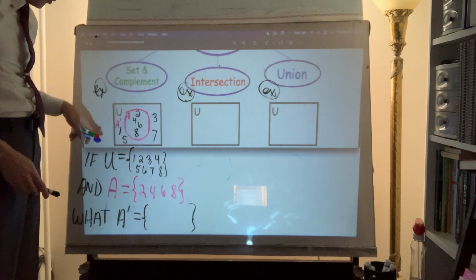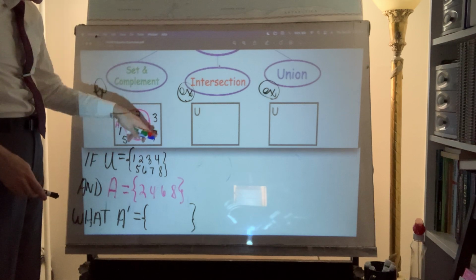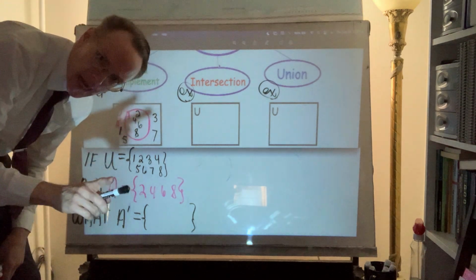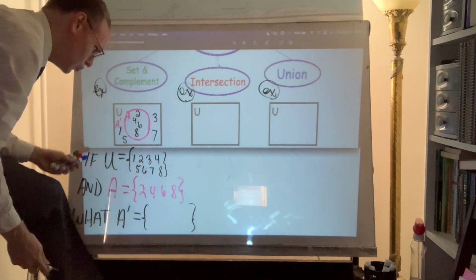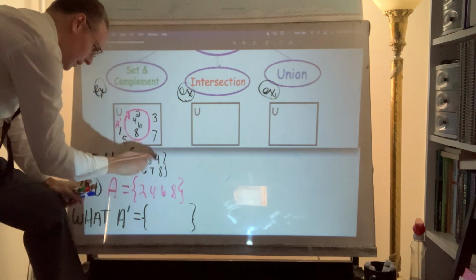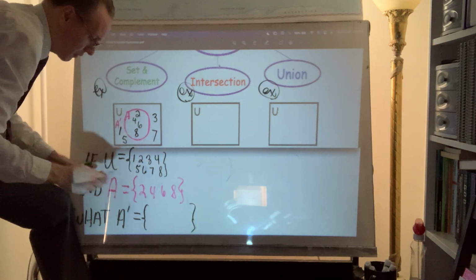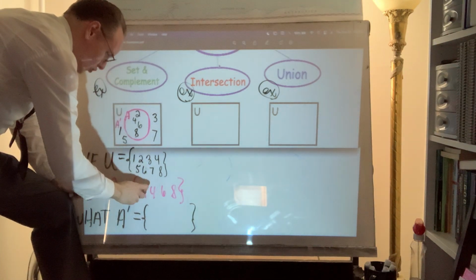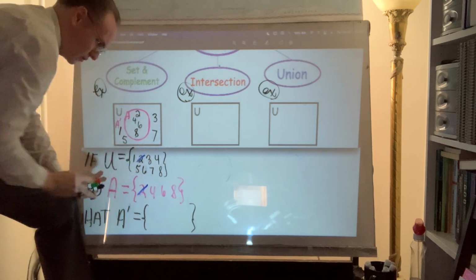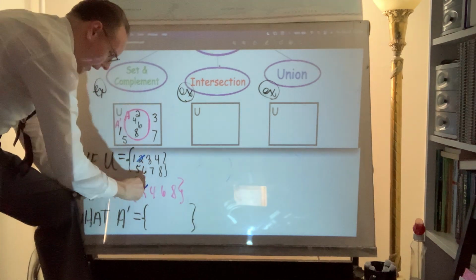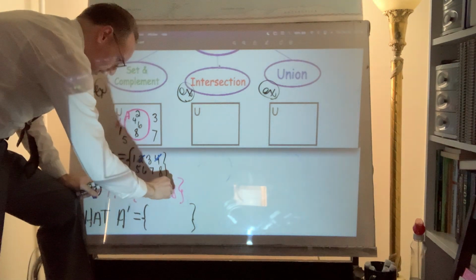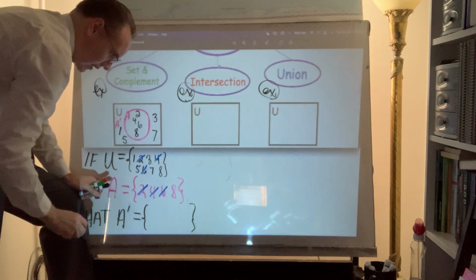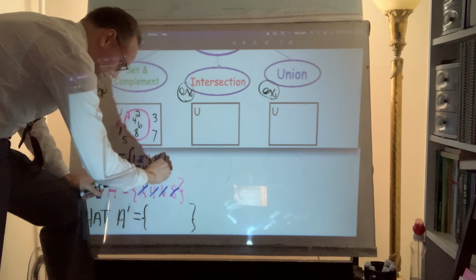In looking at the drawing, you can clearly see. If you didn't have the drawing, if you just had the numbers to stare at, what you would do is cross out the things that match. So you would go, well, A has a 2, so that would match in the universal set. And A has a 4, so that's in the universal set. And A has a 6, so that would be crossed out. And A has an 8.